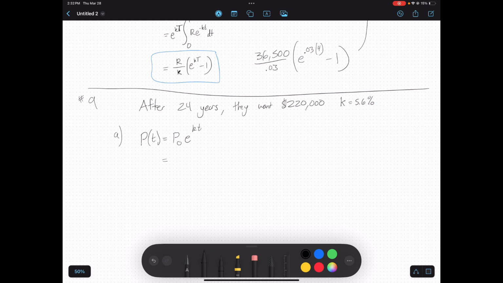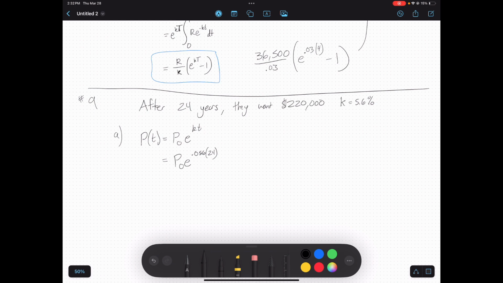I know what k is, right? k is 0.056. I know what T is. T is 24, right? I want this to happen after 24 years. What I don't know is what P naught is.